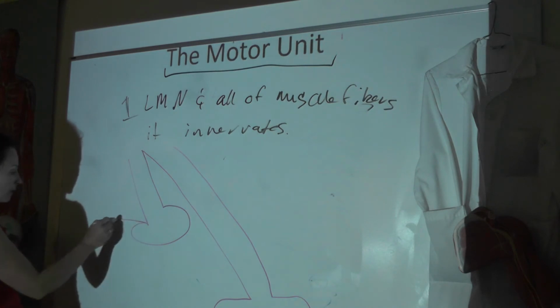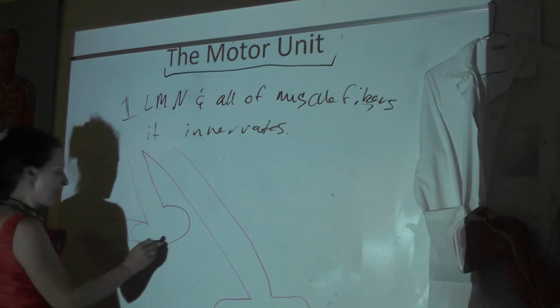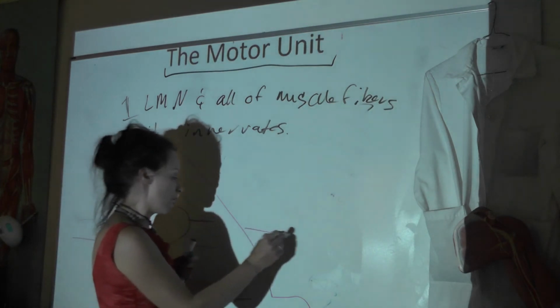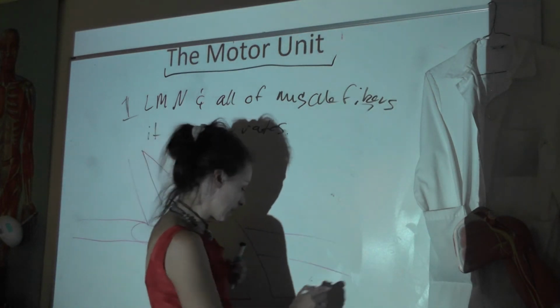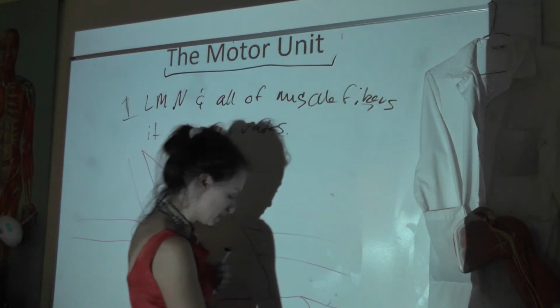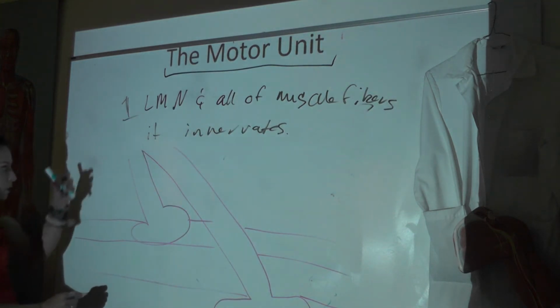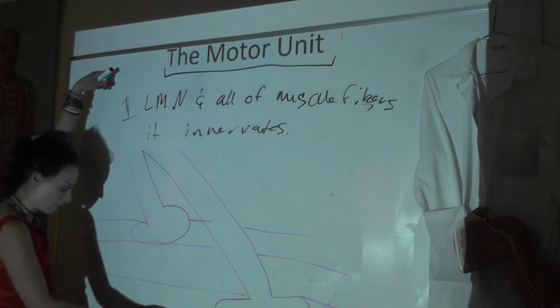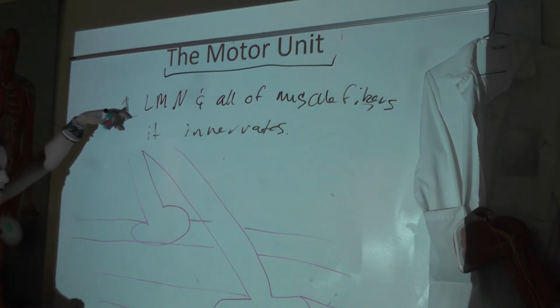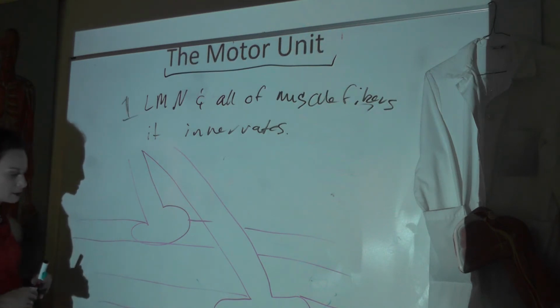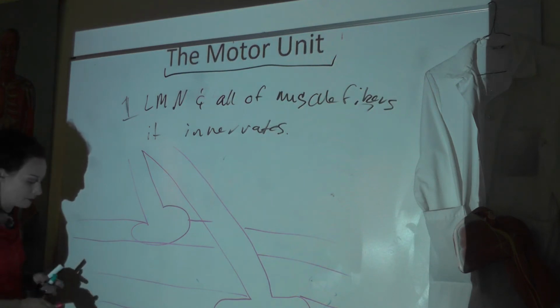So this first pink motor unit has our pink lower motor neuron and these two pink muscle fibers that it is innervating. When the signal comes down from my upper motor neuron to this lower motor neuron, both of these muscle fibers are going to contract.